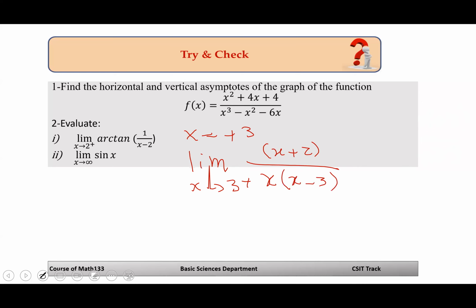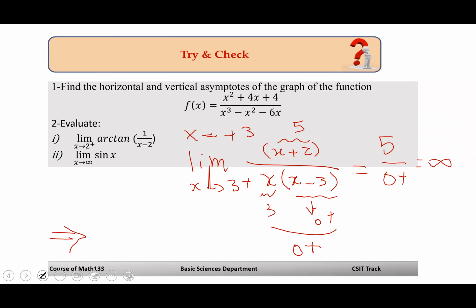If x approaches 3 plus, the term x minus 3 will go to 0 plus. This is like 3, and this is like 5. So it's somehow like 3 times 0 plus, which gives 0 plus. So it's like 5 over 0 plus. This will give the limit equal to infinity, and it is enough to conclude that x equal to 3 is a vertical asymptote.